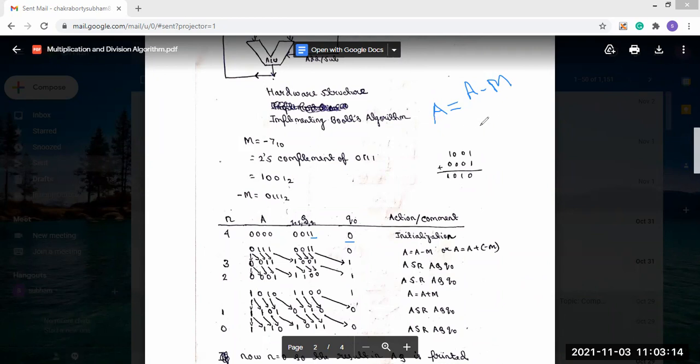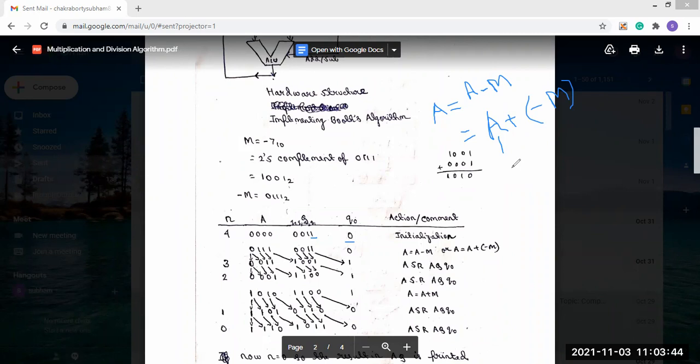Now the accumulator has a value. Now this minus m, can we write it like this, A plus minus m? This also represents the same thing as A minus m. So for an easy way of doing it, we convert it to A plus minus m.